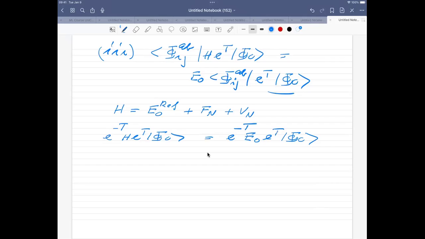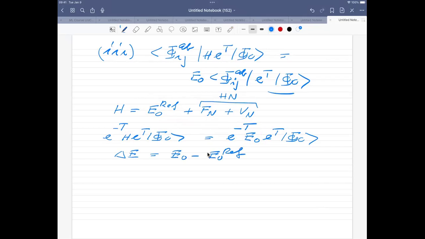And this means also, if you now look at the way we have rewritten the Hamiltonian, if I subtract E0 ref from the left-hand side, then I get E0 minus E0 ref, which is the same as a correlation energy. And then if I recall that I call this H_N, so the second part here is something which we call H_N. And then we have a correlation energy, which is given by E0 minus E0 ref.